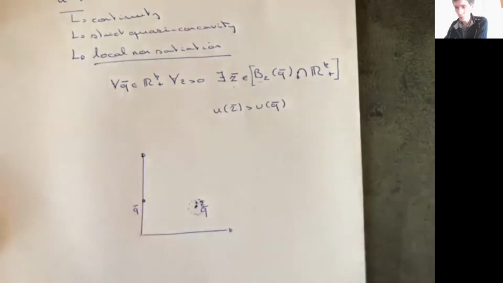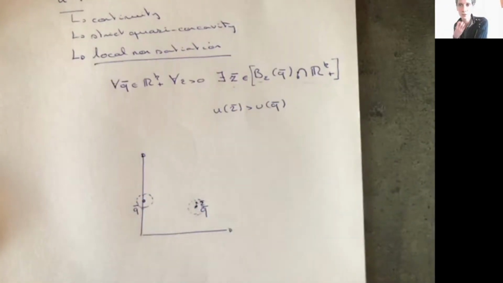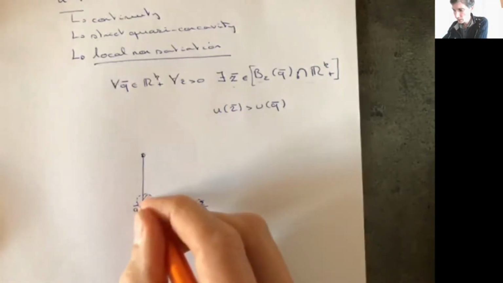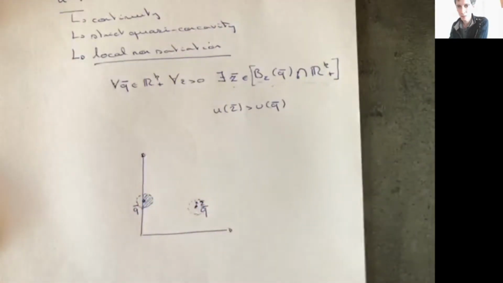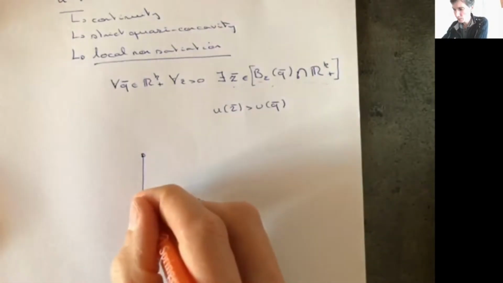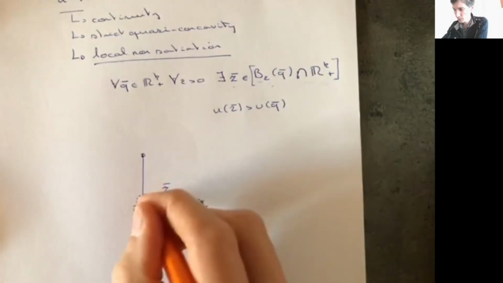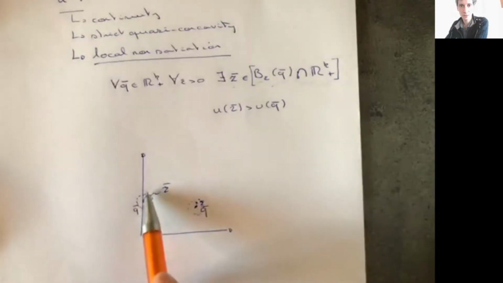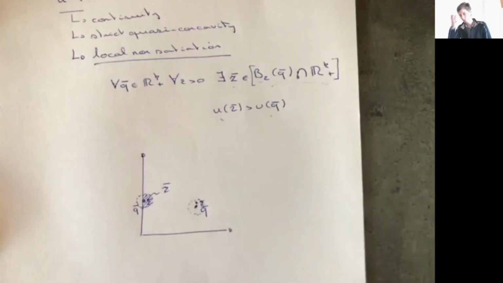If this is my bundle q, then for any epsilon I can draw a ball of radius epsilon around it. In this area here, this intersection, I should be able to find something. There should be a z in this intersection that has a higher utility than q.